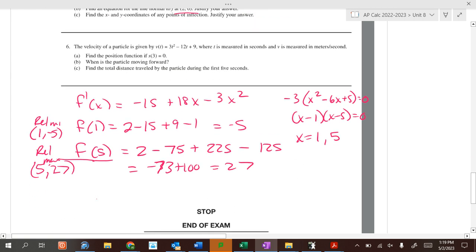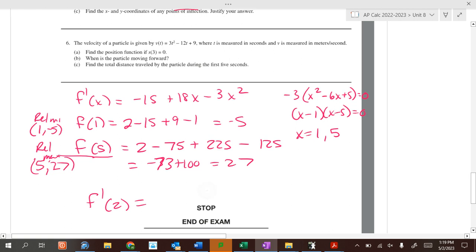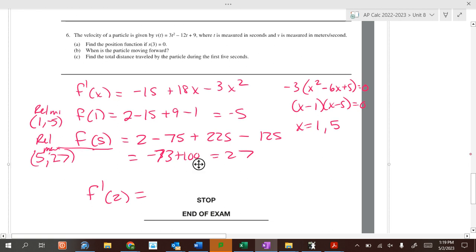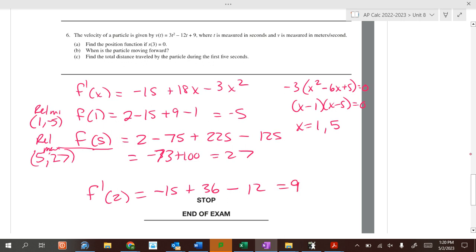So if you take the first derivative at 2, if you stick 2 into the first derivative, you get negative 15 plus 36 minus 12, which is 9. So the slope at x equals 2 is 9.